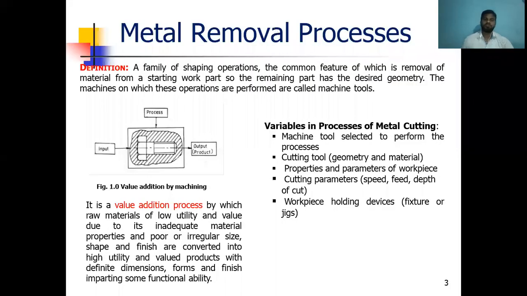Metal removal process. Basically, a simple metal removal process is a family of shaping operations, the common feature of which is removal of material from a starting work part so the remaining part has the desired geometry. The machines on which these operations are performed are called machine tools.